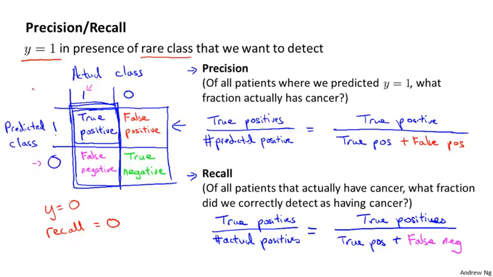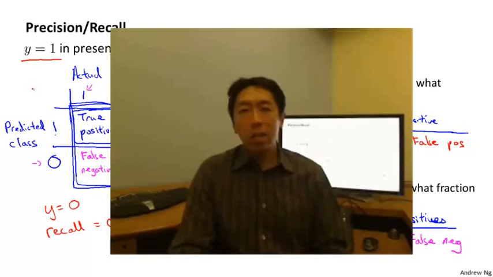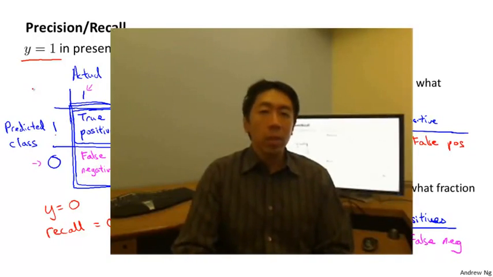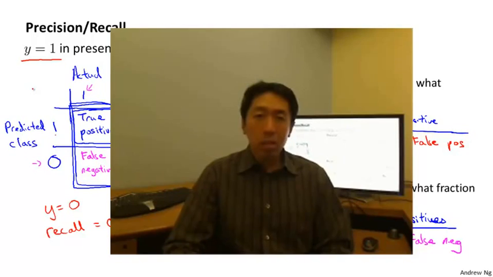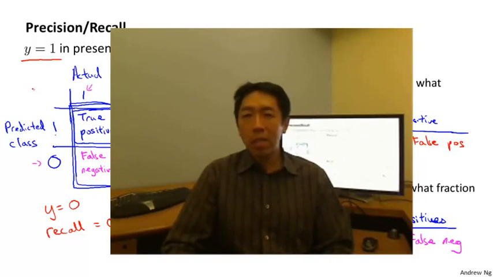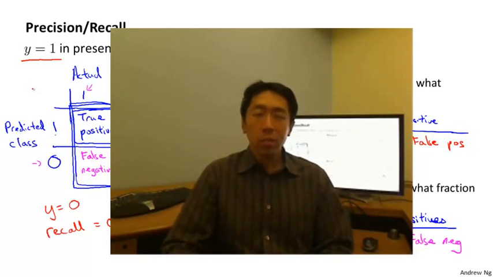And by using precision and recall, we find that even if we have very skewed classes, it's not possible for an algorithm to, quote, cheat and predict y equals 1 all the time or predict y equals 0 all the time and get high precision and recall. In particular, if a classifier is getting high precision and high recall, then we're confident that the algorithm has to be doing well even if we have very skewed classes.